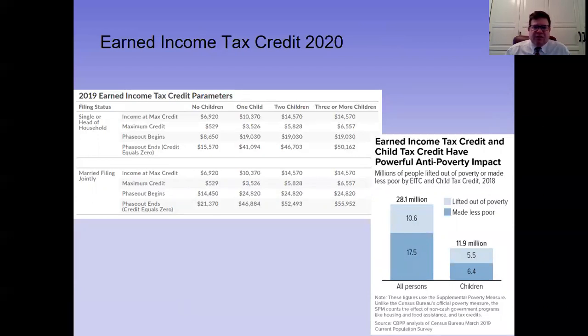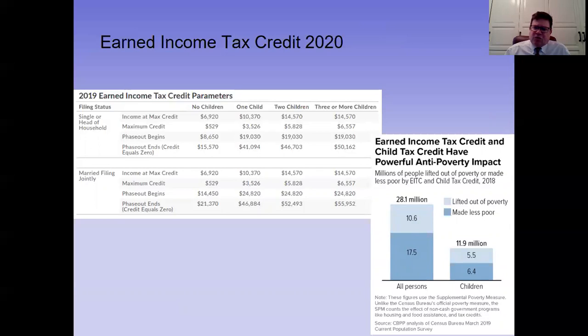So let's just say that you're a married couple that's got 2 children. You could make up to $5,828 a year in this earned income tax credit. It kind of phases out as you go through. So the reason why this is a popular program is, if you take a look at the chart in the lower right-hand corner, it has a pretty powerful effect on anti-poverty programs in the United States.